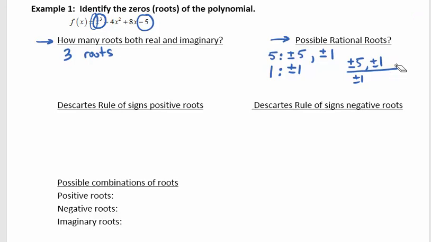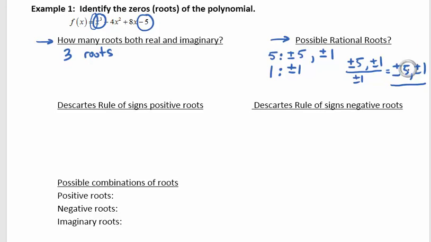So that will give us, as a list of factors here, plus or minus 5 and plus or minus 1 when I do that division. Notice these terms up here are getting just divided by positive or negative 1, so we just end up with those as our possible list of roots. Okay, so right now we would have 4 possible roots to check.